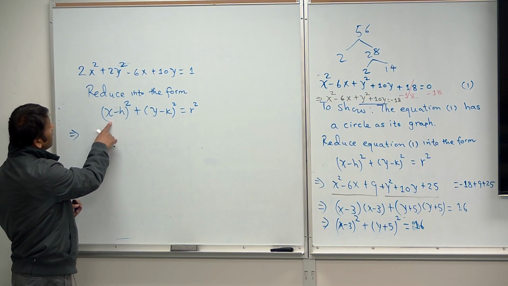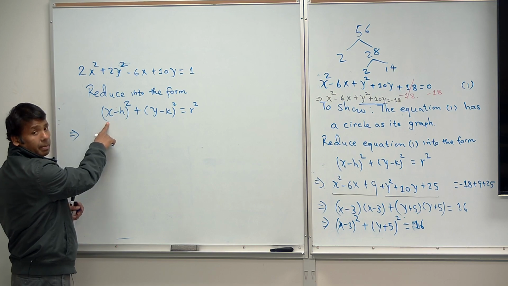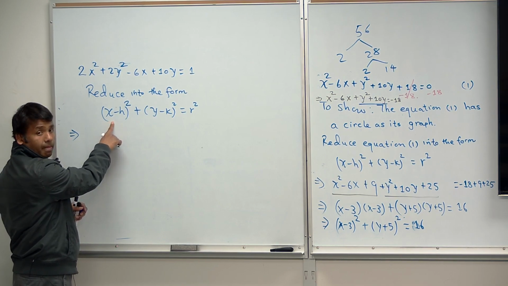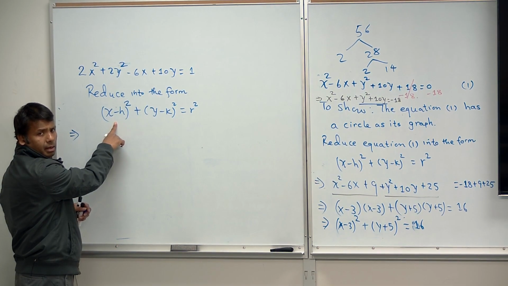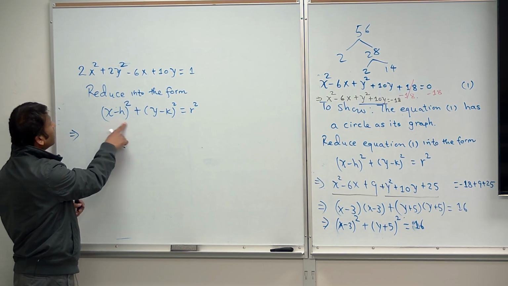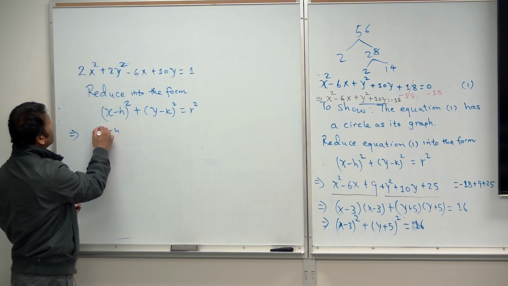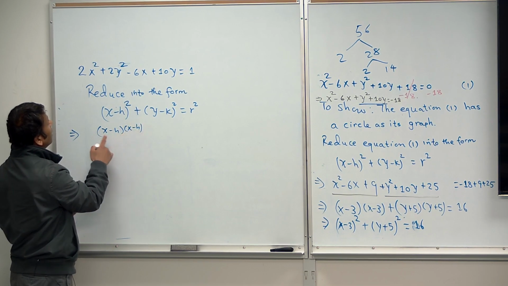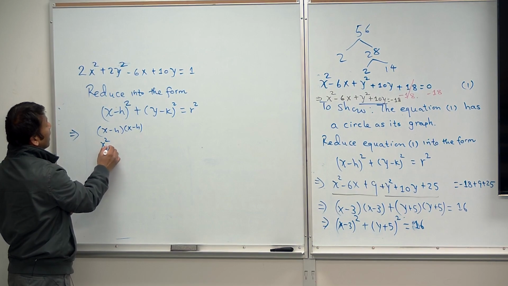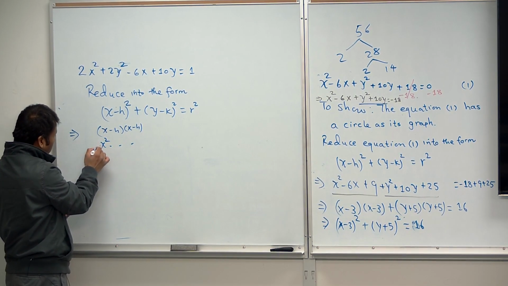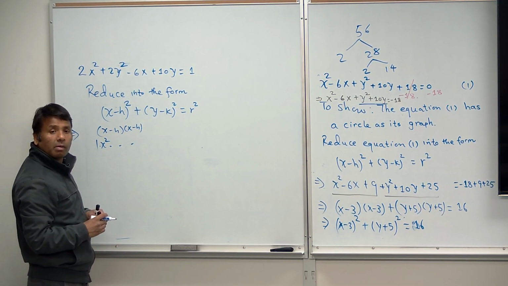So now in this equation, what is the coefficient of x squared here? 1. Are you with me? If you expand this, this is x minus h times x minus h. So x times x is x squared, and the other terms you don't have to figure out. What is the coefficient of x squared here? 1.